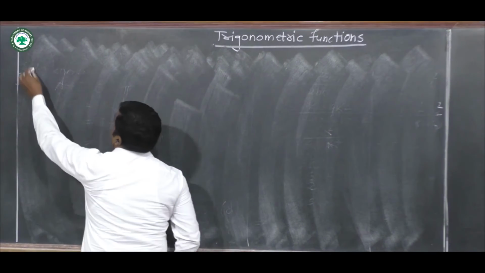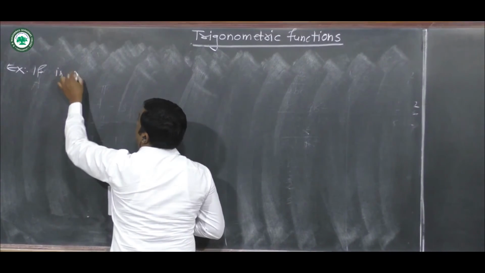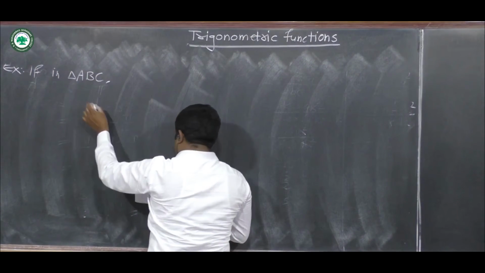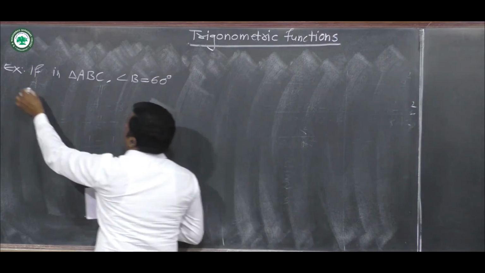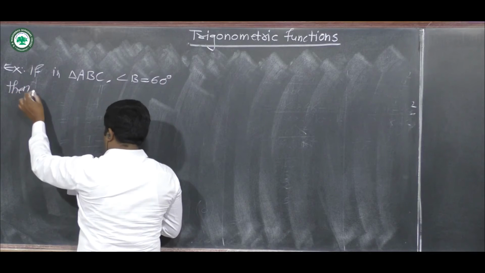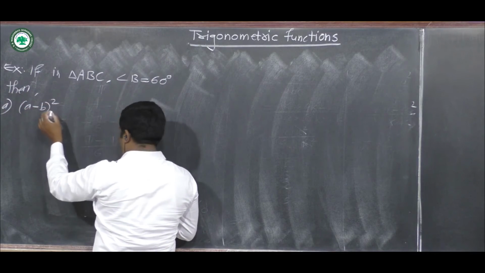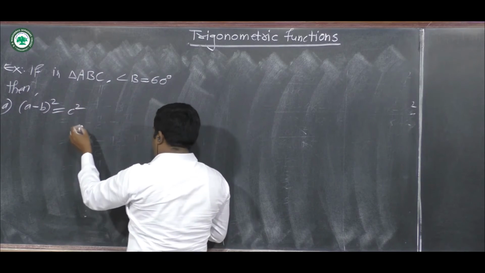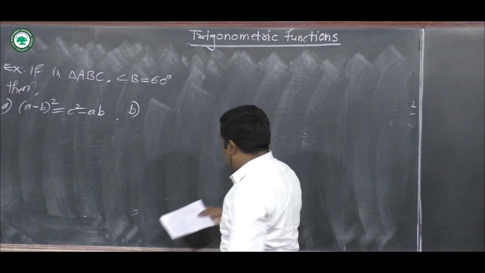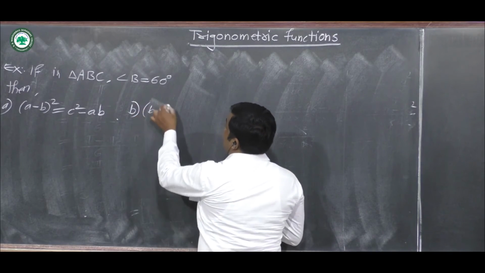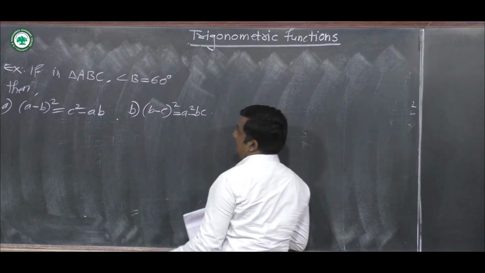Here given, if in triangle ABC the measure of angle B is 60 degrees, then option A is (a minus b) square equals c square minus ab. In B, given (b minus c) square equals a square minus bc.